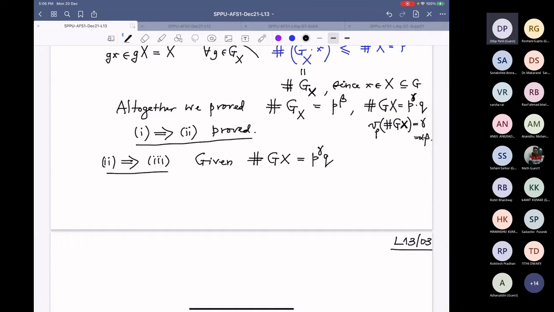All right. So look at this, this is given. So I know the cardinality of the isotropy. That will be n divided by this. So that will be precisely P power beta.